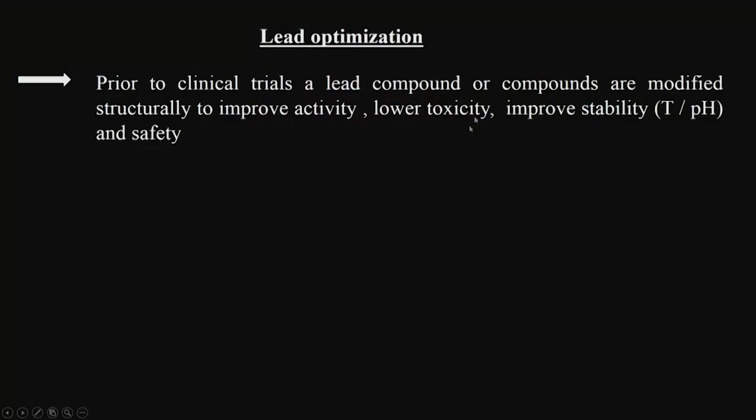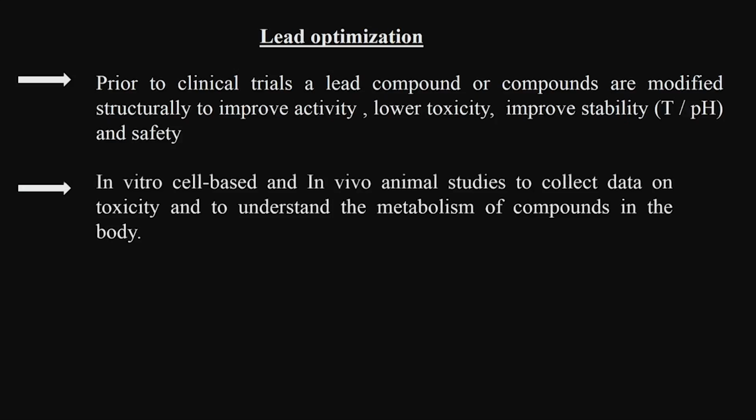That happens in cancer, because drugs for chemotherapy are not only very active in killing cancerous cells, they can even kill normal cells, so they are highly toxic. Whereas a second best compound, one which is not as active as the first, may have better stability, less toxicity, or better pH stability and so on. That is the lead optimization part which we do.